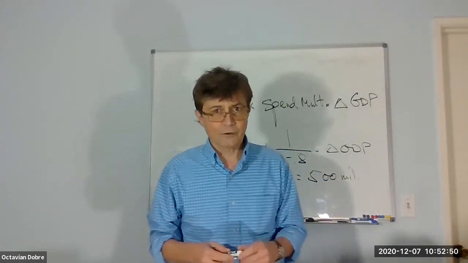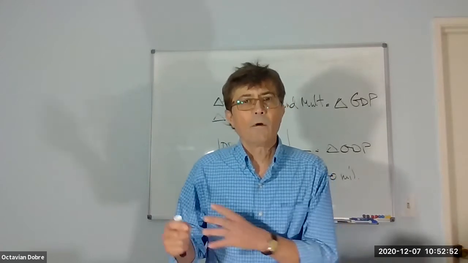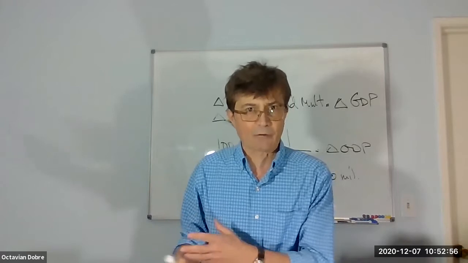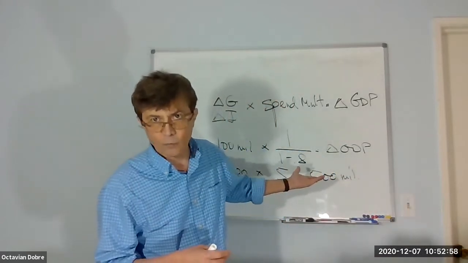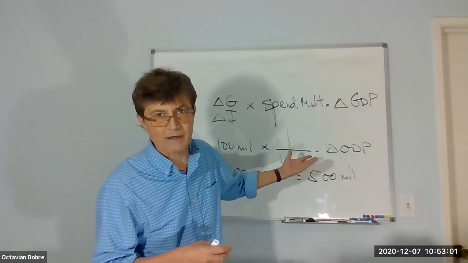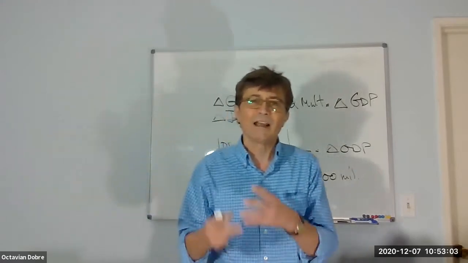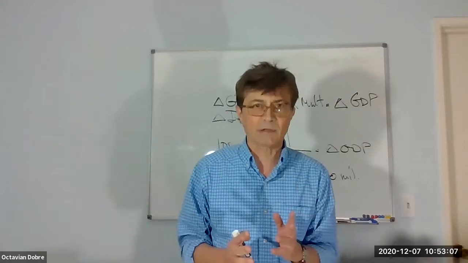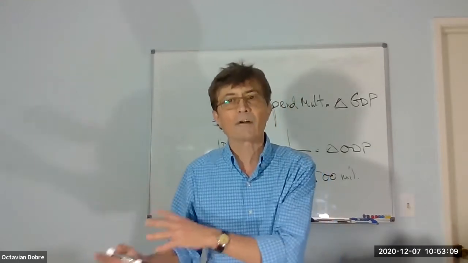Now, we also talked about, well, is fiscal policy that powerful as we said that here based on the multiplier? And the answer is not really, because there are other things that are happening at the same time, such as the crowding out effect.